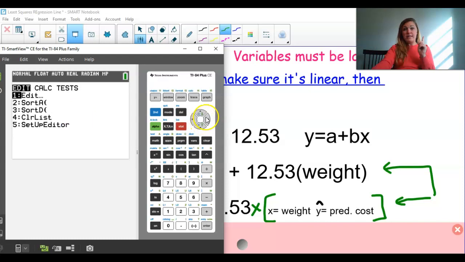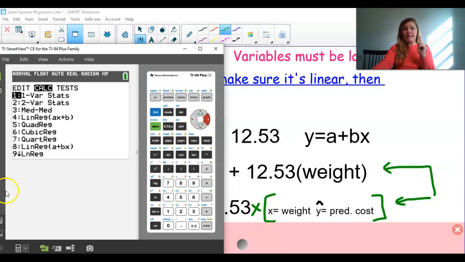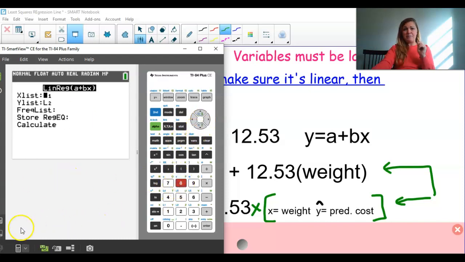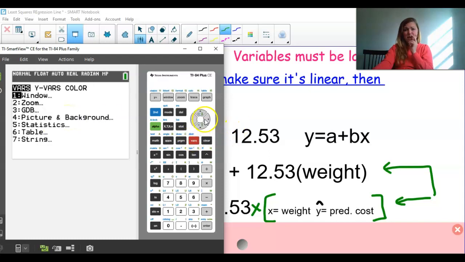So I want to go to stat. I want to calculate my LinReg number 8. So I got my LinReg a plus bx, right? I have that. Now what I actually want to do is go ahead and store the regression equation. How I do that is I go to vars, then yvars.